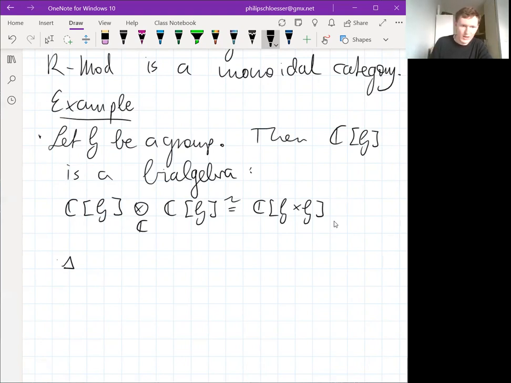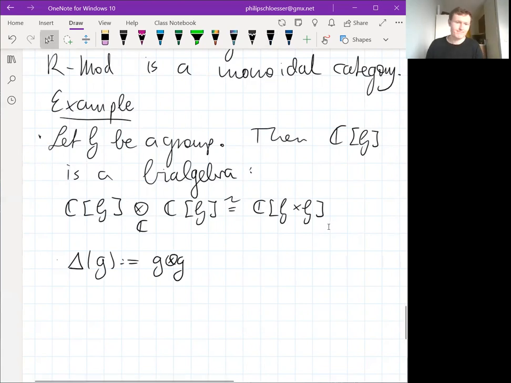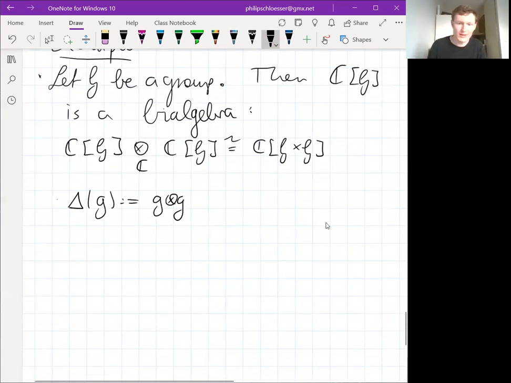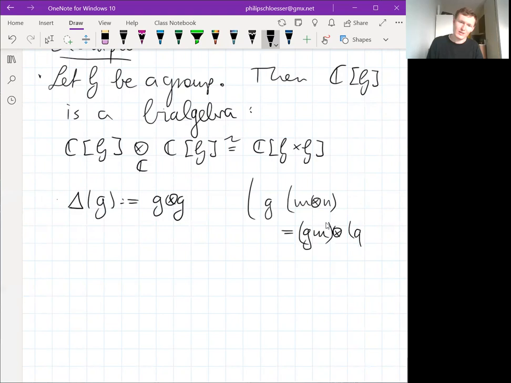So how do we define delta? Well, we can define delta on just one group element, and we define it to be G tensored with itself. This ultimately says that if we have a representation and another representation, then we define the tensor product of the representations just by acting on both things individually.